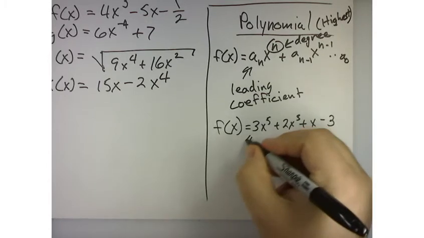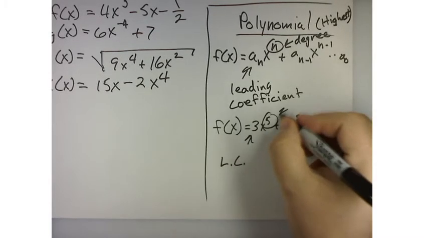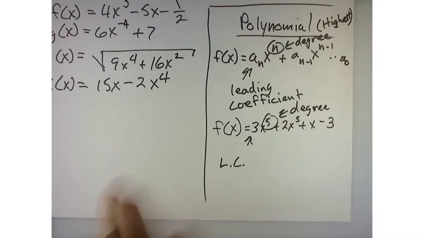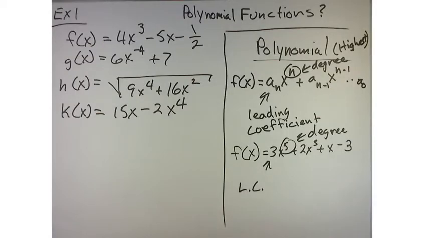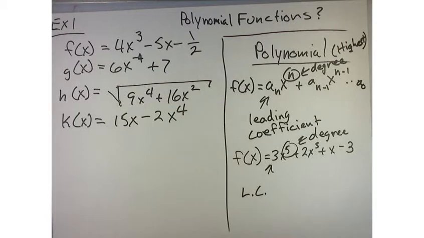So this would be what we call the leading coefficient, and this would be a 5th degree polynomial because that's the highest degree. So before we can even do that, are there any special requirements that might limit one of these from being a polynomial?